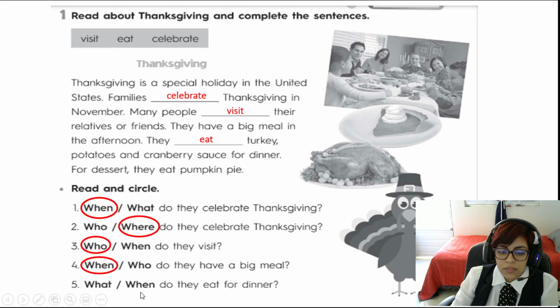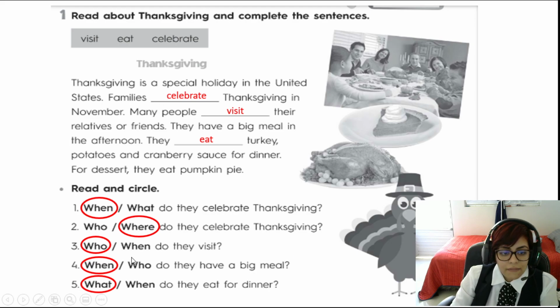Or when do they eat for dinner? We know that they eat dinner at night, right? You can't eat dinner in the morning, or do you? No, so we're asking about what do they eat? What are they going to eat at dinner?